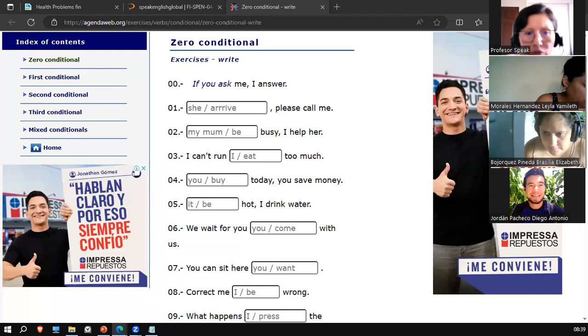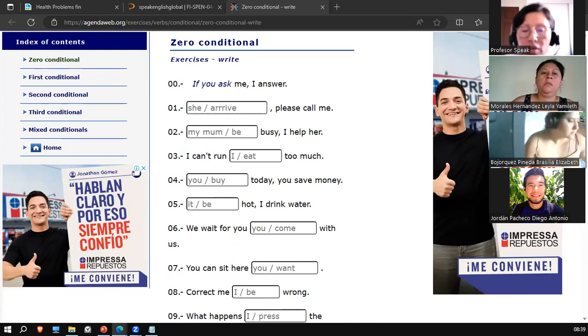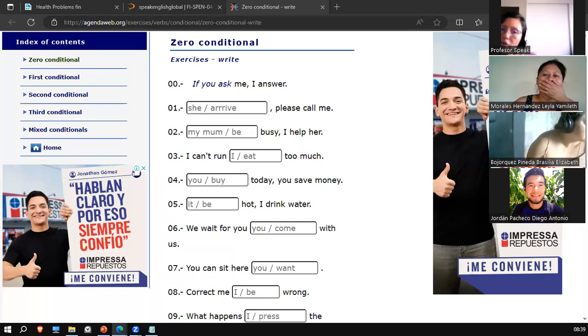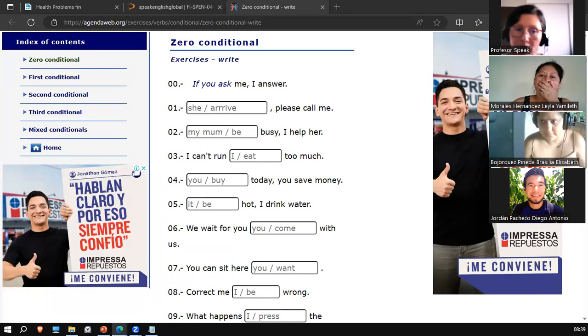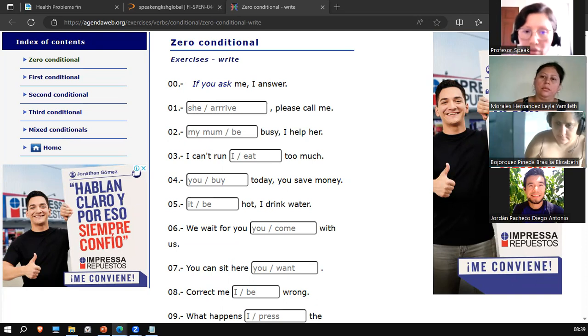Y luego van a hacer uno ustedes. Recuerden, chicos, cuando tengan palabras que no conocen, usar los diccionarios, usar las 2 aplicaciones que yo les recomendé que bajen en su teléfono para que puedan resolver algunos ejercicios, porque les voy a poner uno y si encuentran alguna palabra que no conocen, busquémosla en el diccionario, ¿ok?